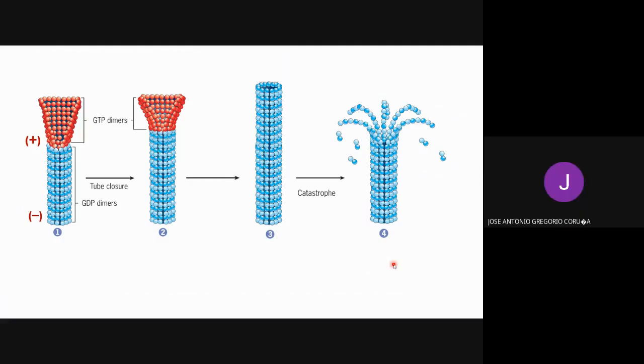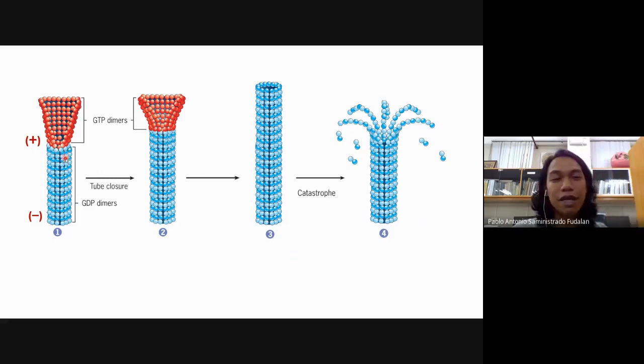This is the concept of dynamic instability of assembled microtubules. This is where, due to unstable positive ends, the positive end will break down eventually, sir. All right, so that's correct.